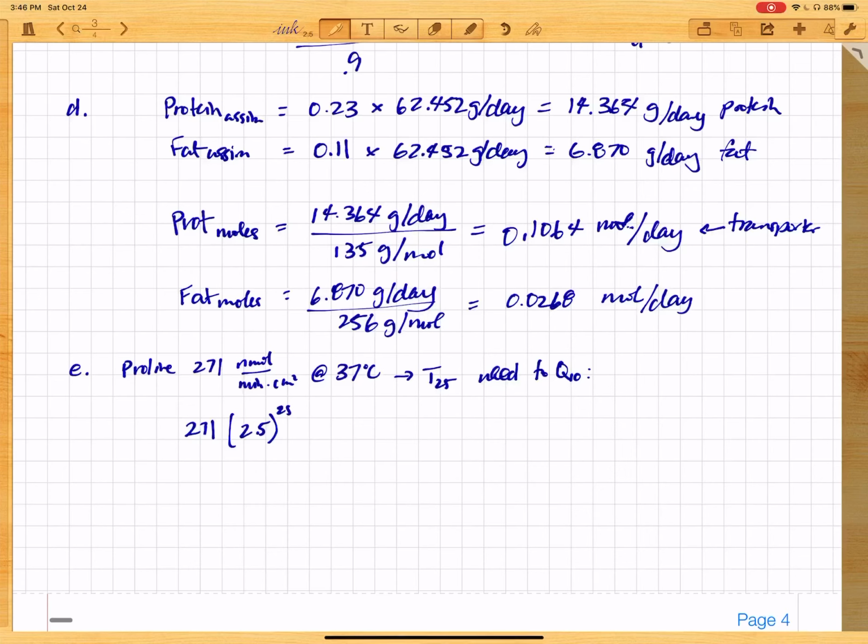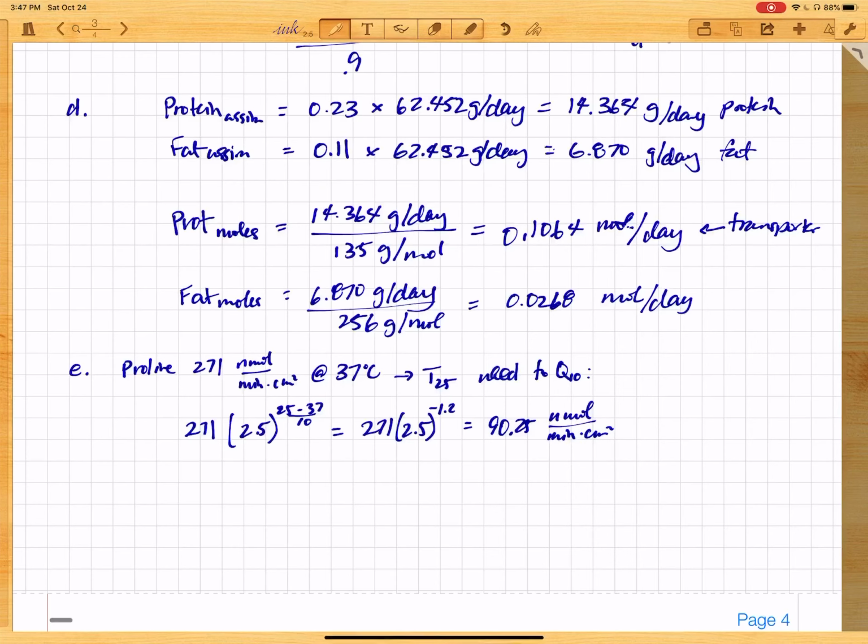So 25 minus 37 over 10. Okay, so that's 271 times 2.5 to the minus 1.2, which is going to come out to be 90.25 nanomoles per minute centimeters squared.